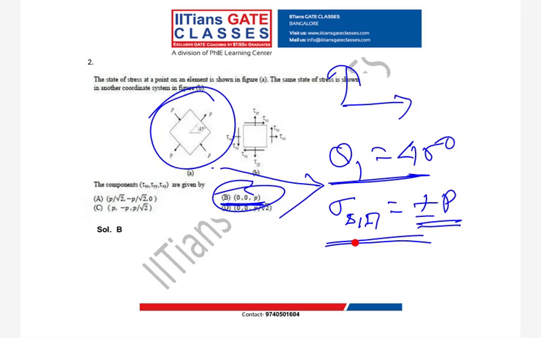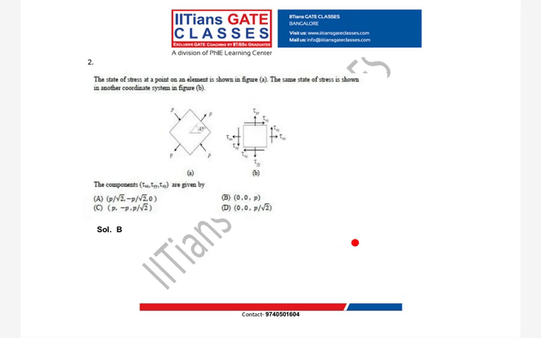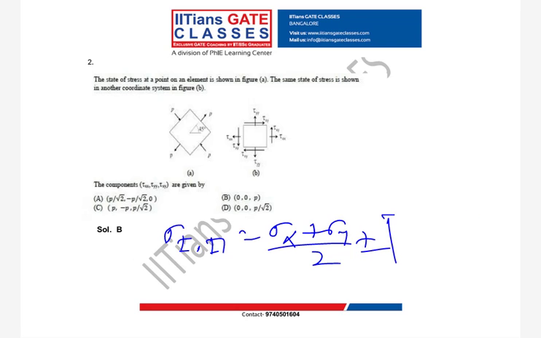Yeah, another trick is like this. You know the summation of normal stresses. Guys, you know the principal stress is sigma x plus sigma y by 2 plus minus the square root of sigma x minus sigma y by 2 whole square plus tau xy square.